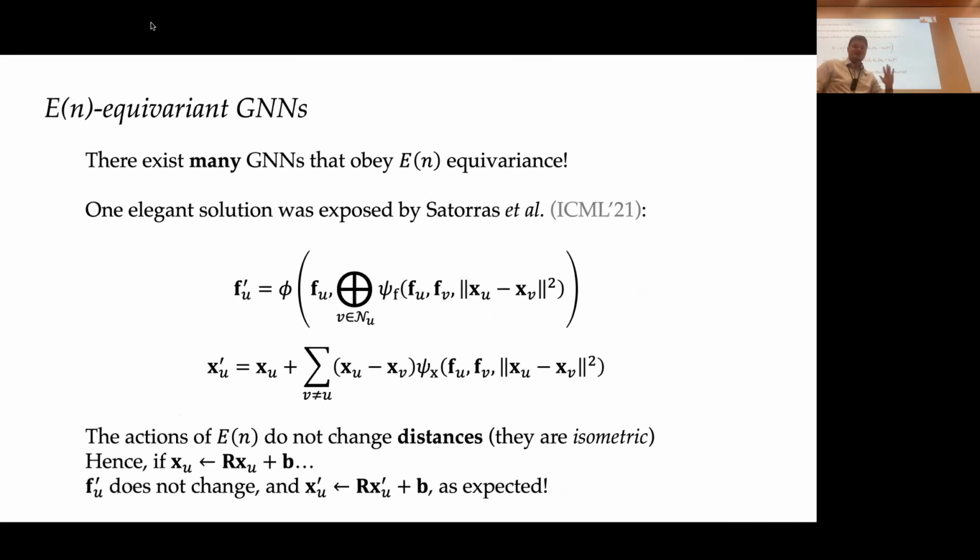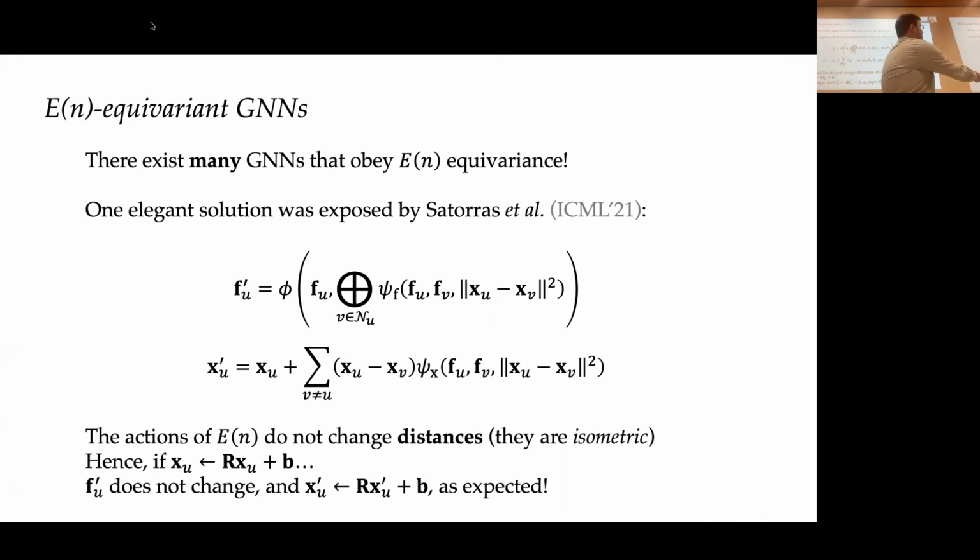And there exist many possible ways to build a graph neural network that obeys this equivariance. Here, I'm giving you just one elegant solution that was proposed by Victor Garcia and others in this ICML paper, where you basically take this message passing mechanism that we had before on the features, but you don't put the coordinates directly into this message function, because then if you shift the coordinates or rotate the coordinates, you get a different output.